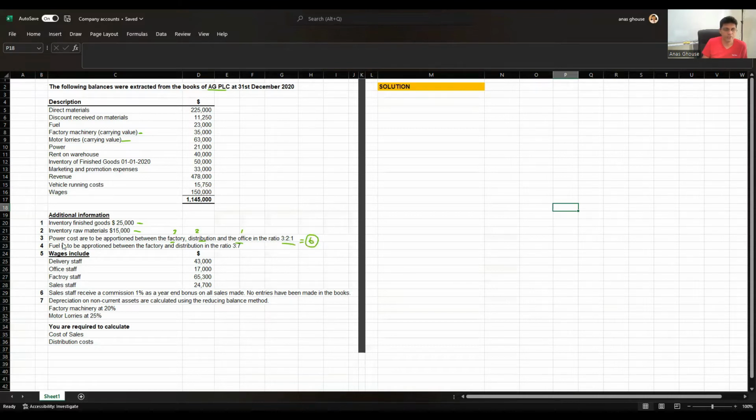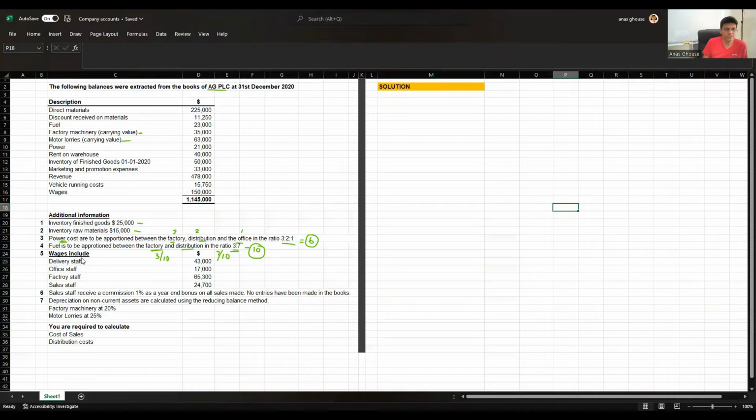You need to take the total power cost and apportion it in that ratio. The fuel is to be apportioned between the factory and distribution in the ratio of 3:7. So here the total is 10. Therefore, factory cost should be 3 out of 10, and distribution cost should be 7 out of 10.